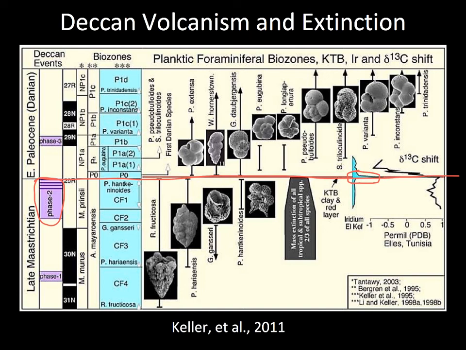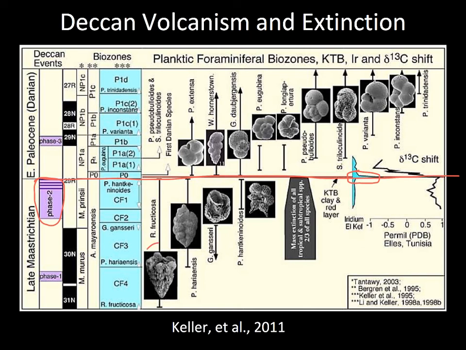And this paper illustrates that associated with phase 2 of Deccan volcanism, there's a faunal turnover in planktic foraminifera. So remember, planktic foraminifera are those tiny microfossils that are serving as marker species. And you can see that a lot of them go extinct.